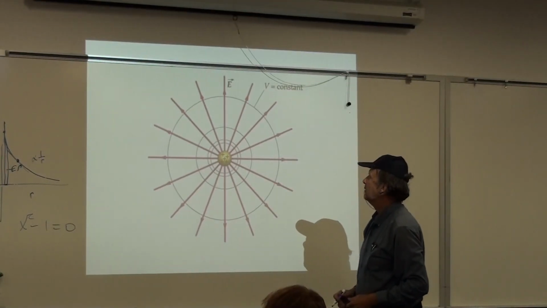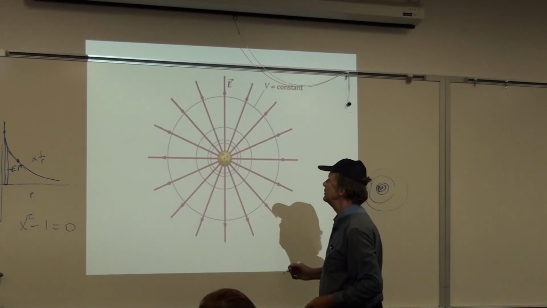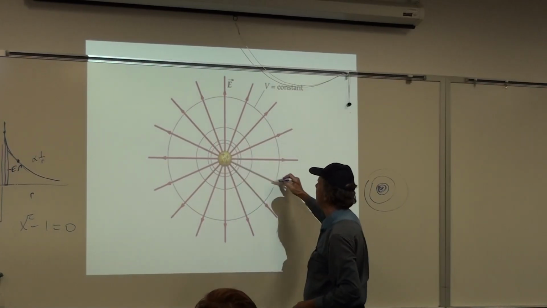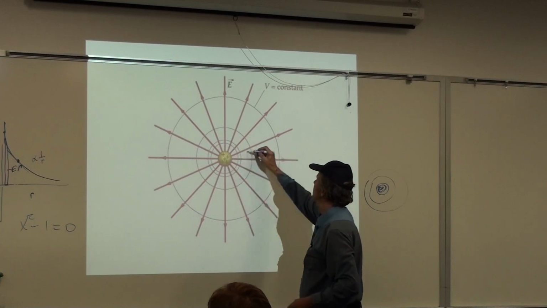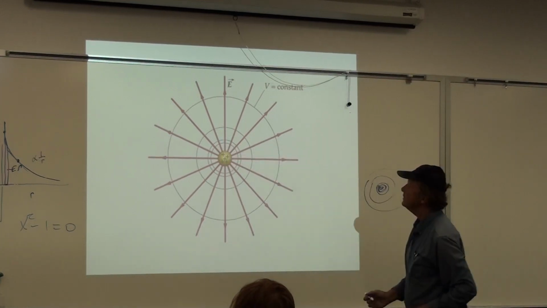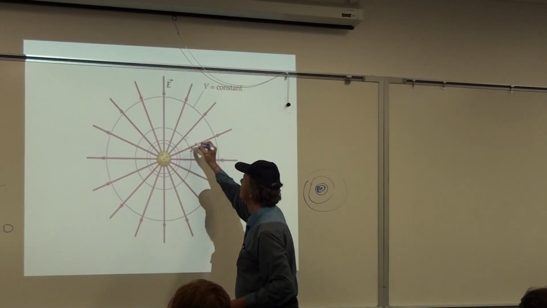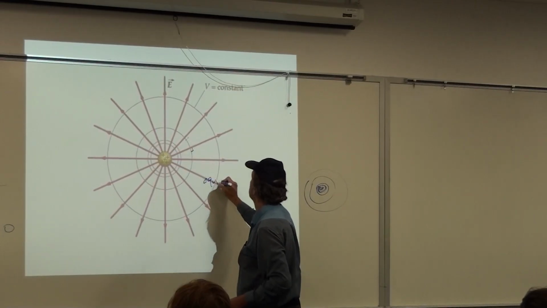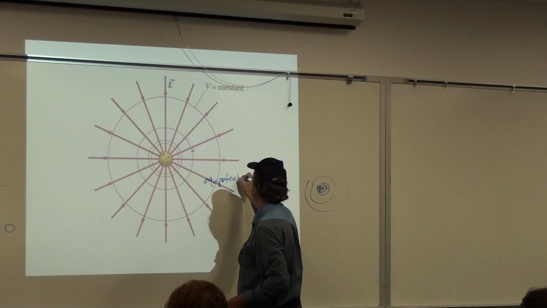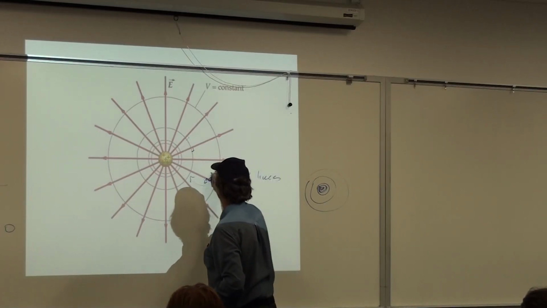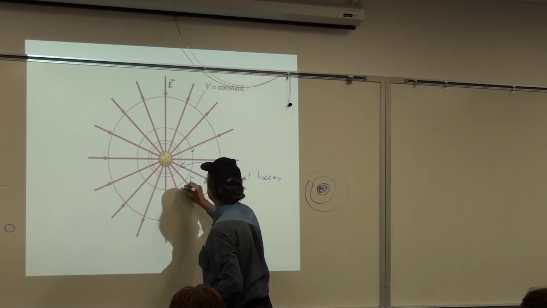And what does that indicate in terms of the electric field? Well, you can see that the electric field is drawn as being perpendicular at every point to those equipotential lines. Just like what we did in lab.